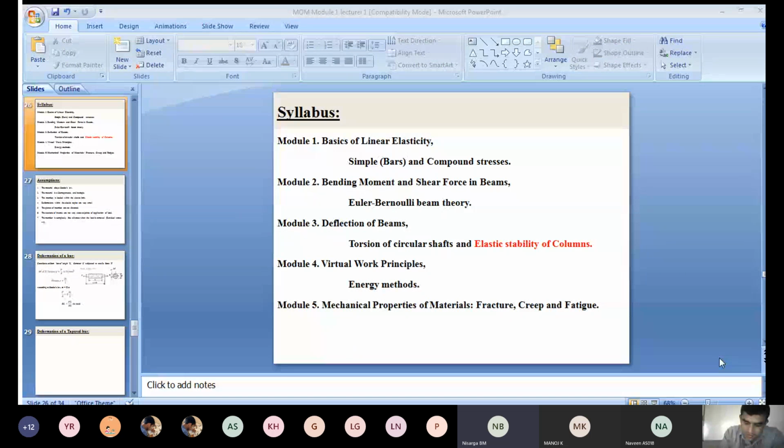Now give me an example for shaft. Transmission shaft, sir. Okay, take a bicycle or motorcycle or car. Where are we seeing the transmission shaft?